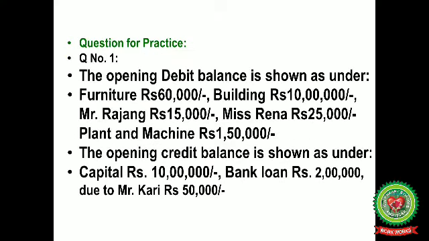So for this you have to pass an opening journal entry, debit all the assets and all the debit balances on one side, and on another side credit all the items. If there is a difference, you can balance the same by writing the capital account, goodwill account, or you can even write suspense account as the circumstance arises.